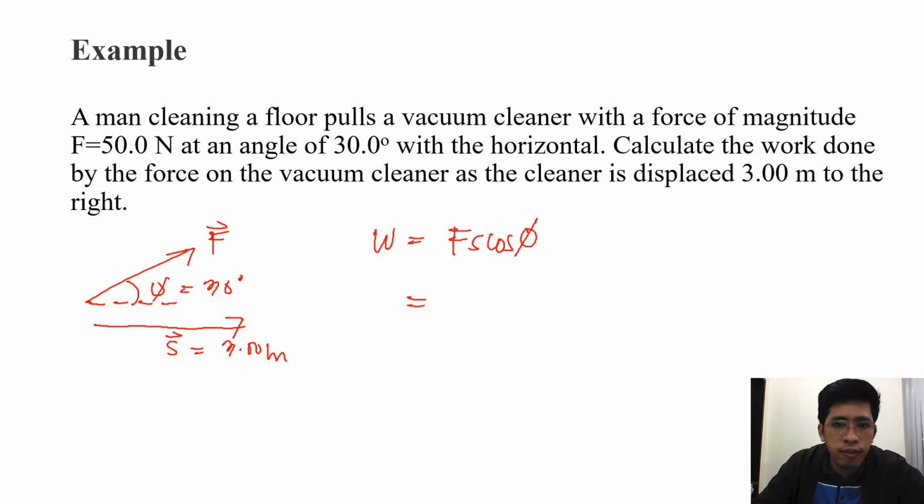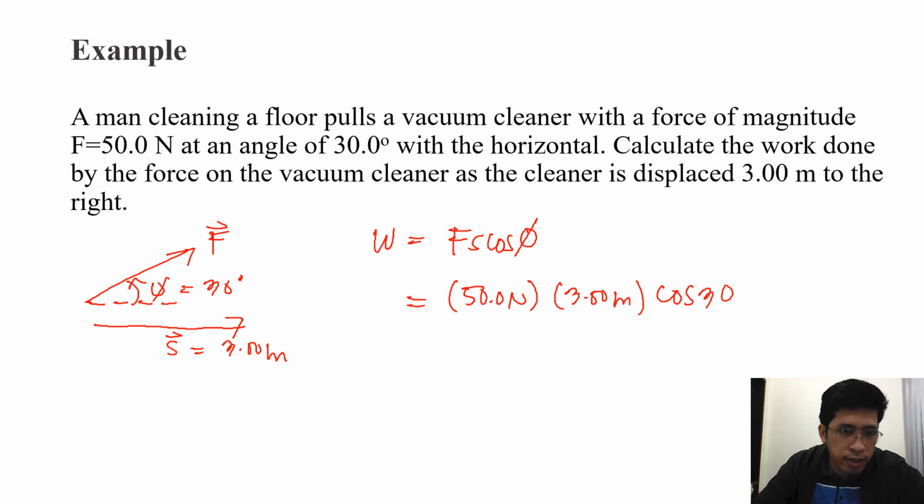So you have your work is equal to 50.0 newtons times 3.0 meters times cosine 30 degrees. By the way, the angle phi is always the lesser angle, because if you remember, you have two angles here.